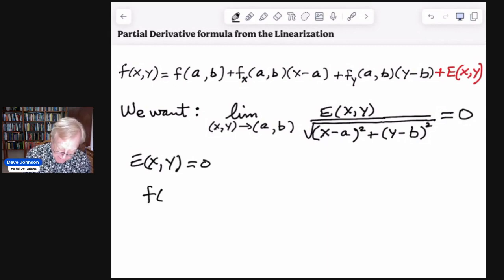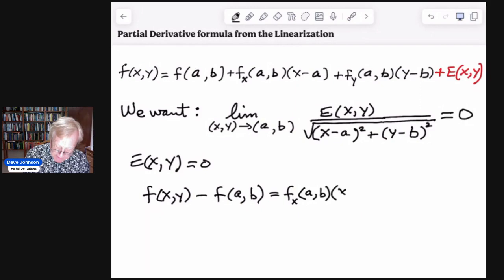So f of x comma y minus f of a comma b is equal to the partial derivative with respect to x evaluated at a comma b times x minus a plus the partial derivative with respect to y evaluated at a comma b times y minus b.